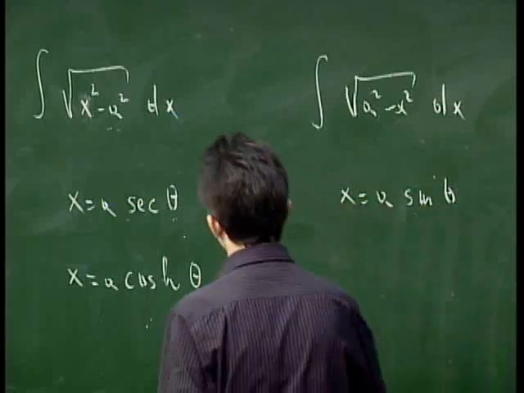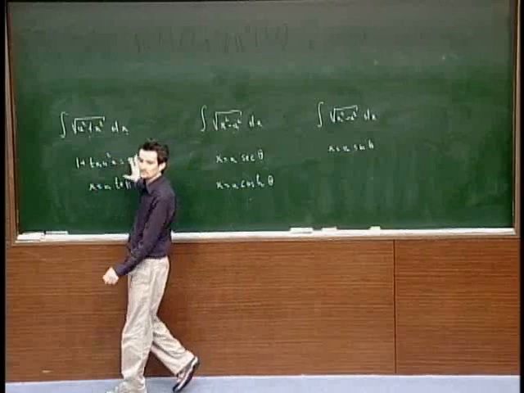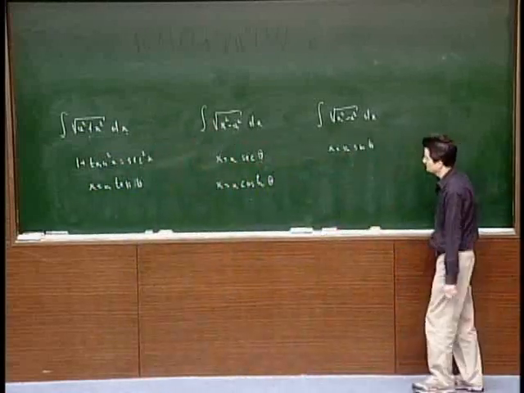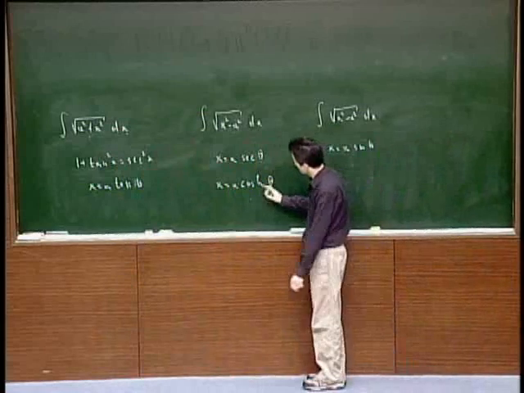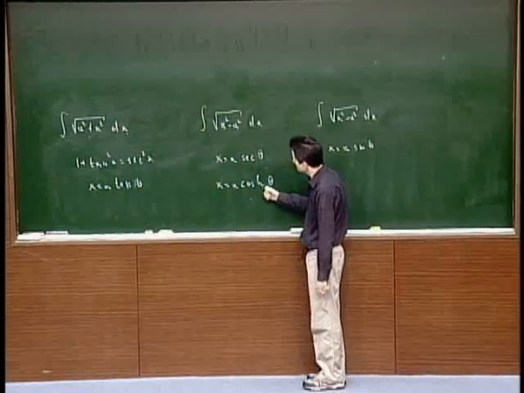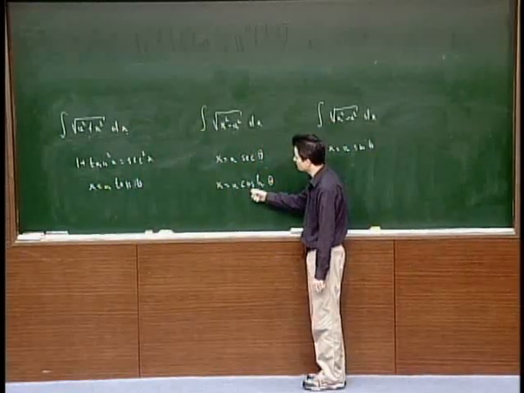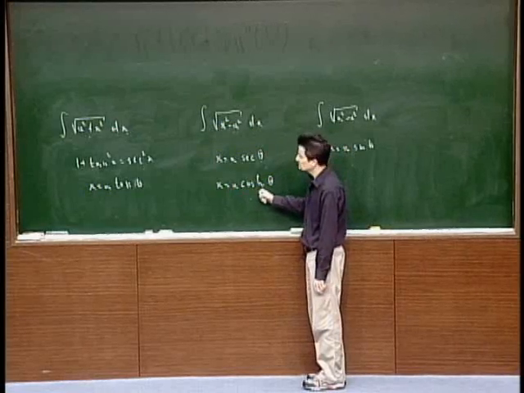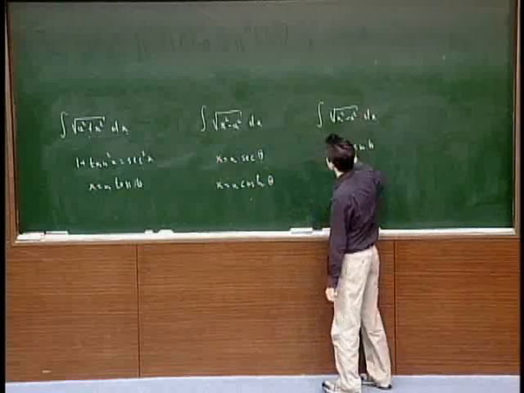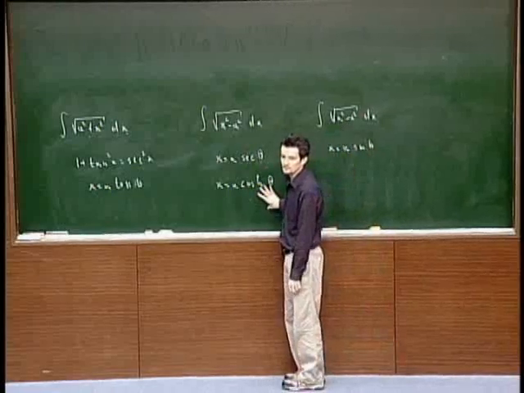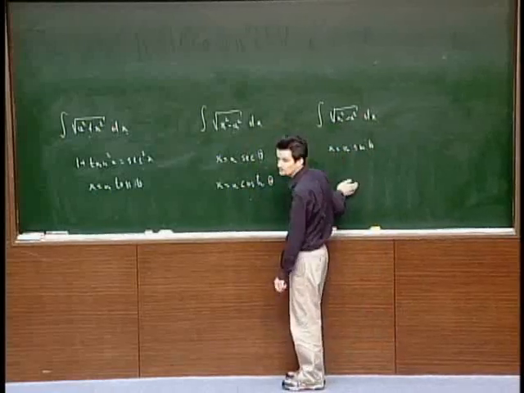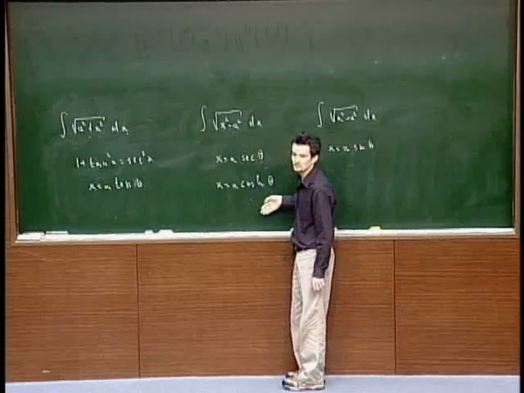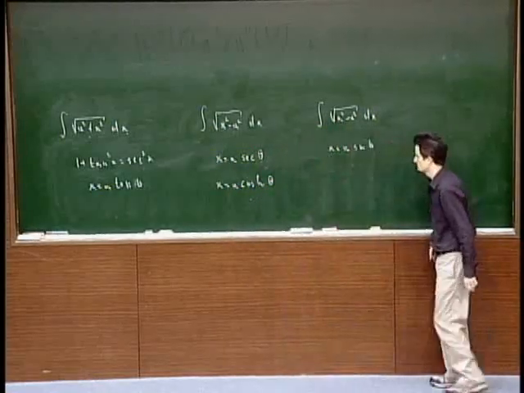So those are essentially the three cases we are going to discuss. The real simplification of this substitution comes from the fact that if you use this one, then this class and this class are pretty similar. It's just the difference that here you work with trigonometric functions, here you work with hyperbolic functions.